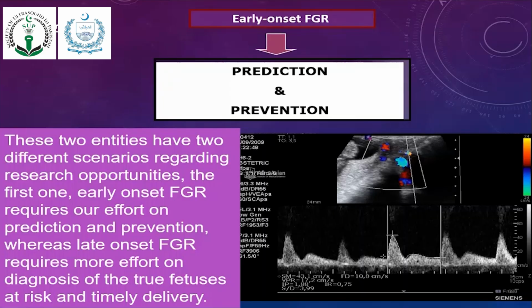But if it appears at 28 to 30 weeks, as usually seen in asymmetrical IUGR, which is also called extrinsic IUGR, the time is less because things will deteriorate very quickly.